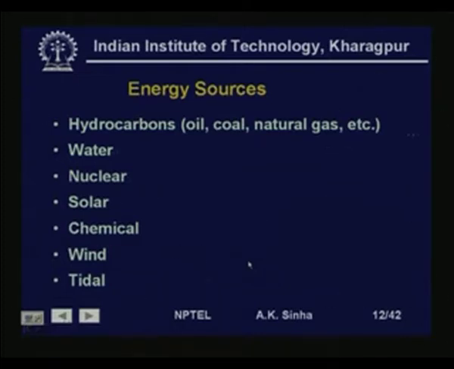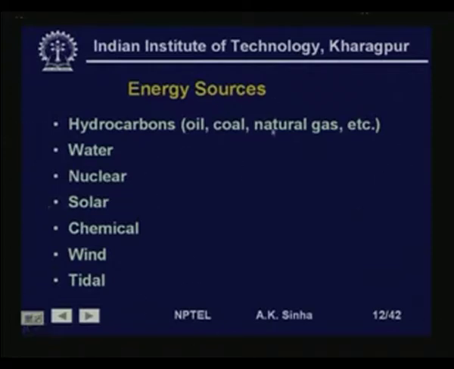If we are using hydrocarbons, that is oil, coal, natural gas, etc., then oil and coal plants are generally called thermal power plants, because the thermal energy is burnt in a boiler, and this heat is used to make steam, which is used to run steam turbines. Similarly, natural gas is burnt in gas turbines to produce electrical energy. So, we have gas turbine units.